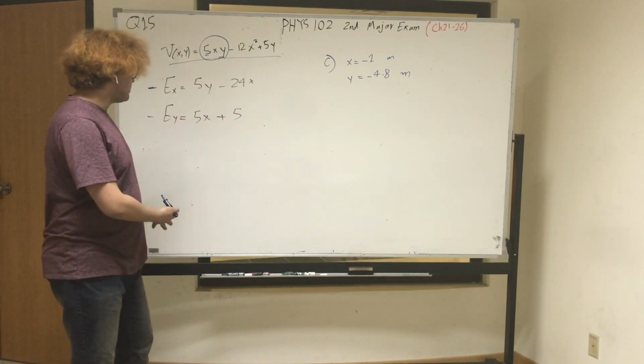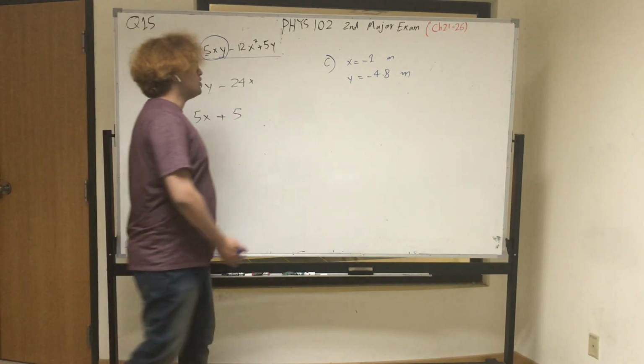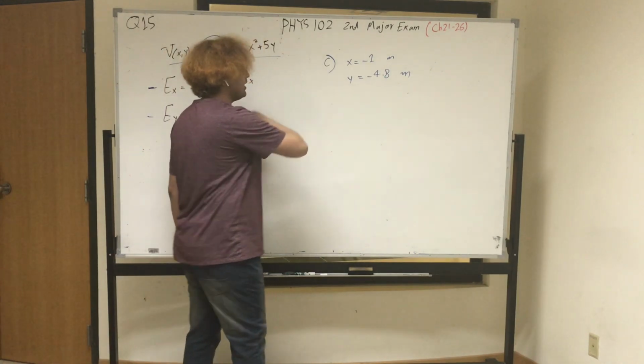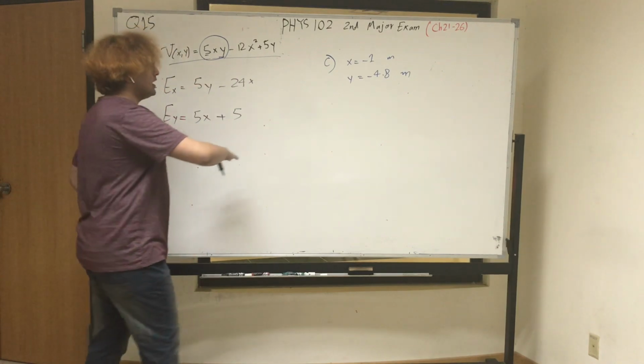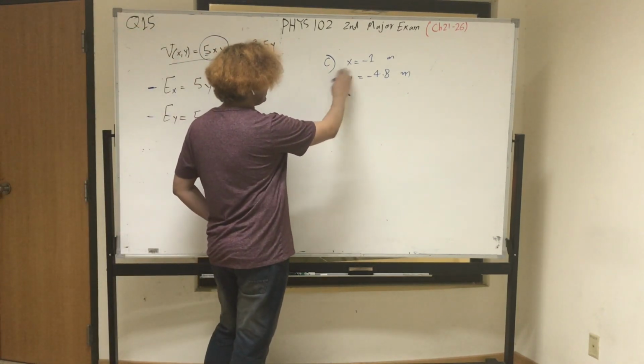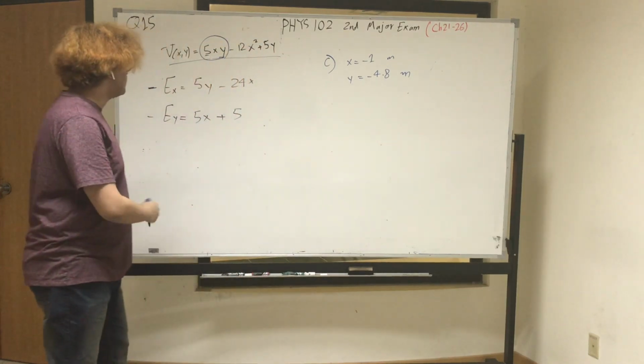And the question is asking, where is the electric field equal to 0? So if you see choice C in my form, the test form I'm solving is basically form 13. In form 13, choice C is x equal to -1 and y equal to negative 4.8.